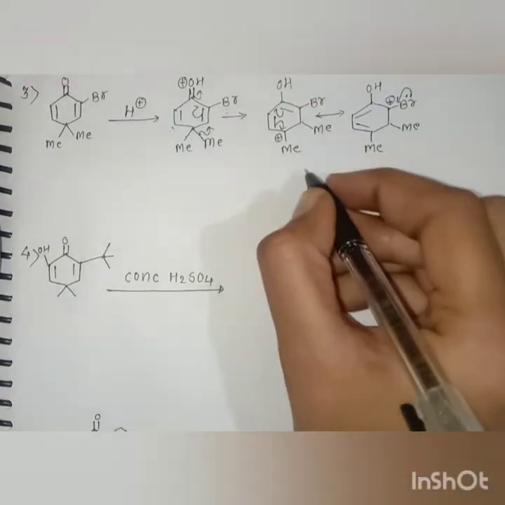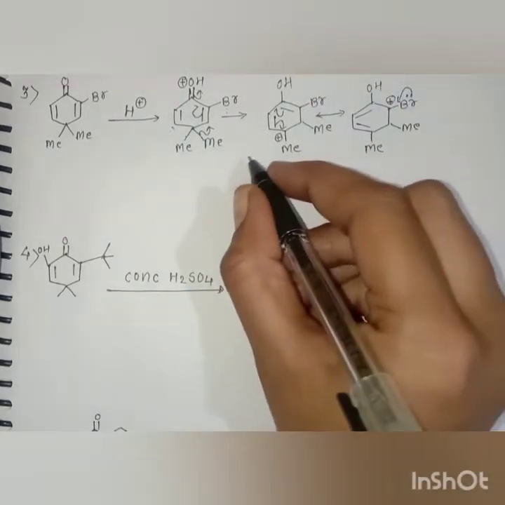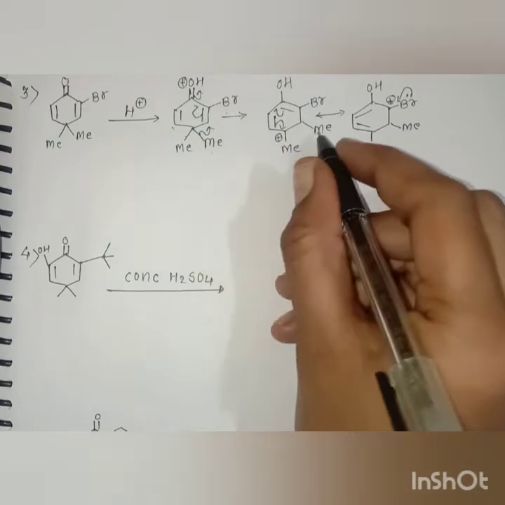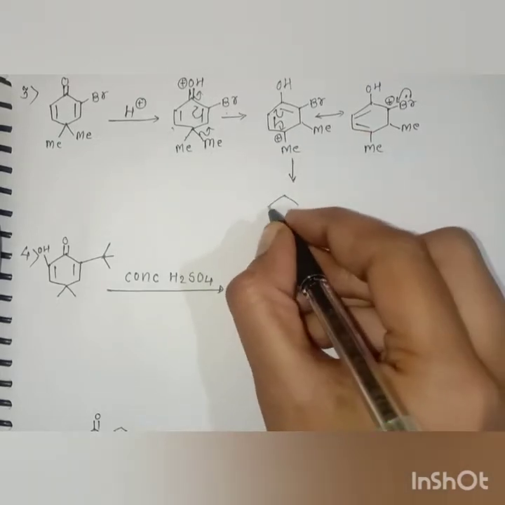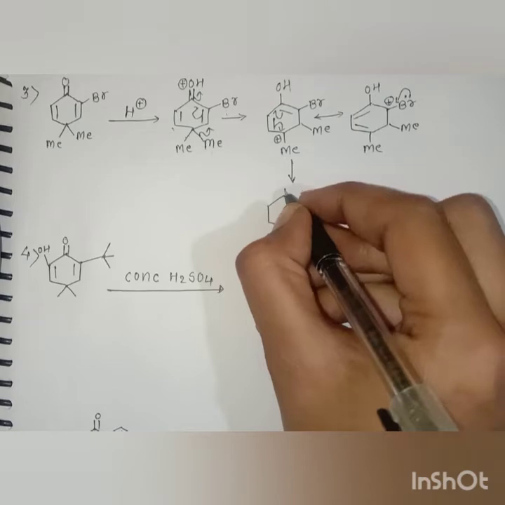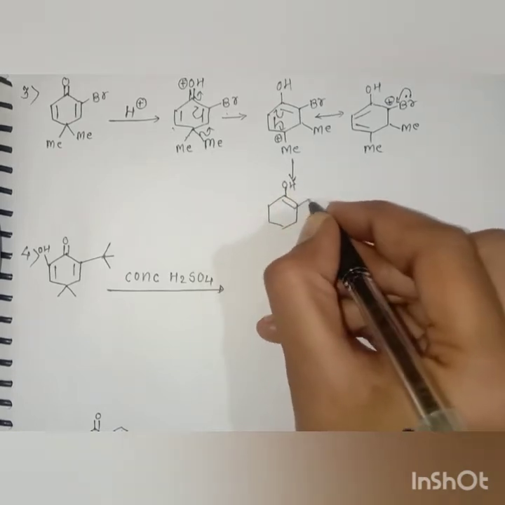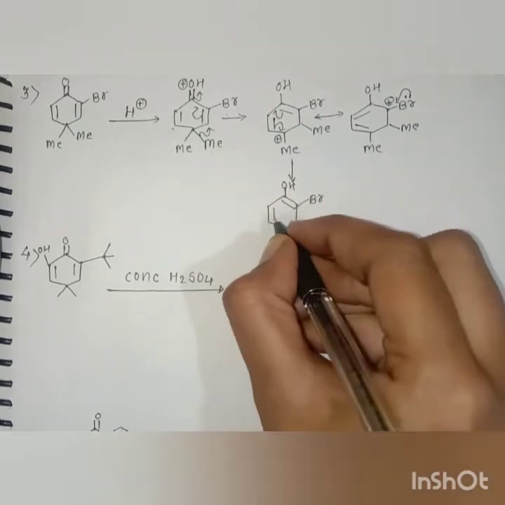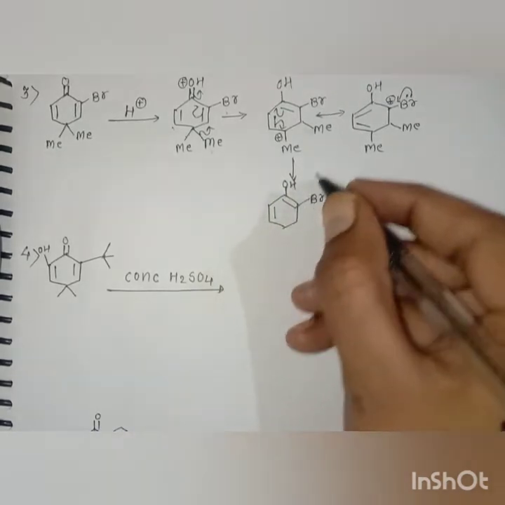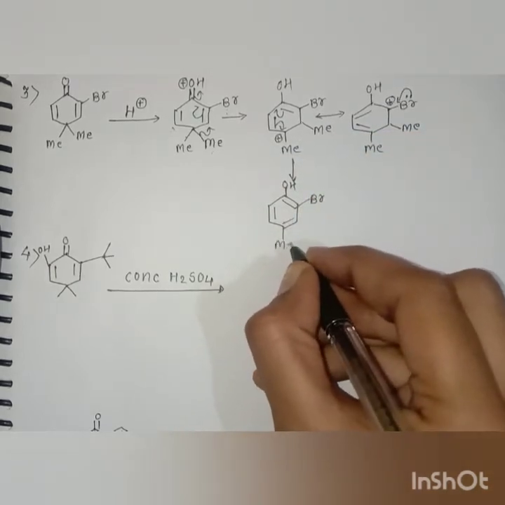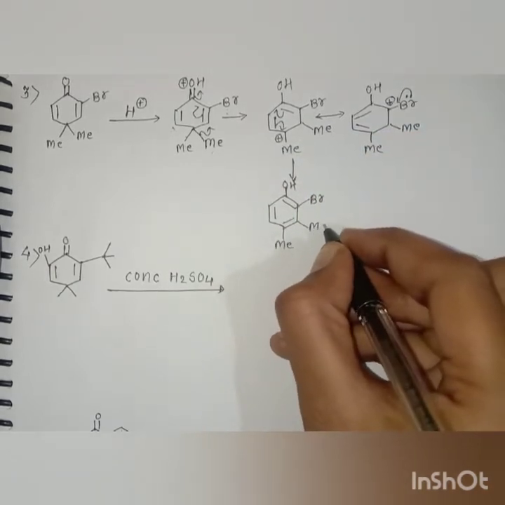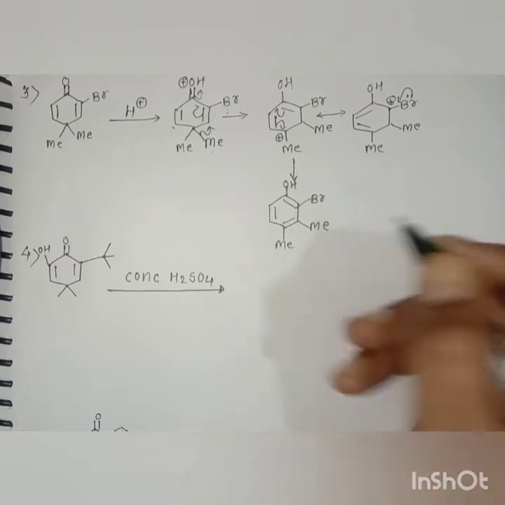That is why the migration of this methyl group takes place on this side, and we get the phenolic system here.